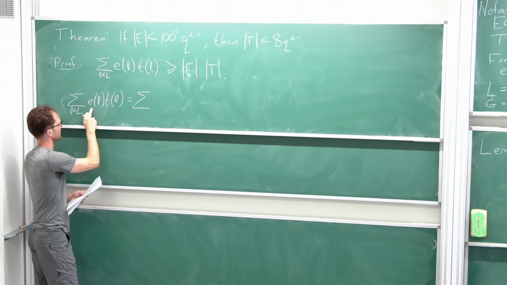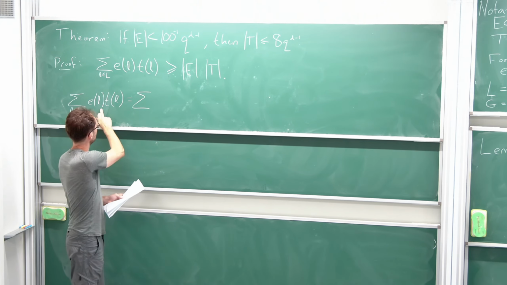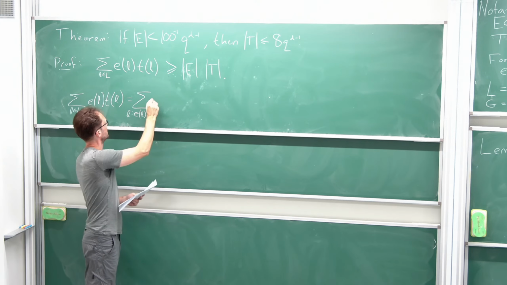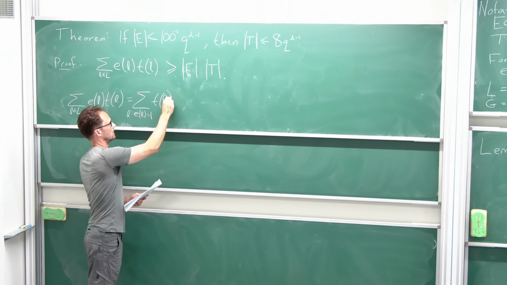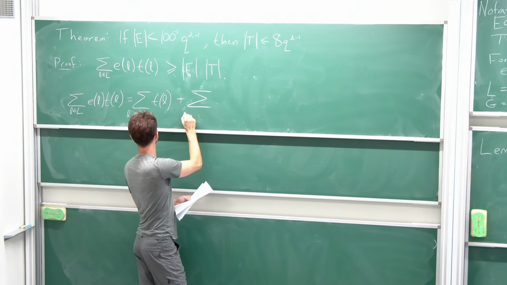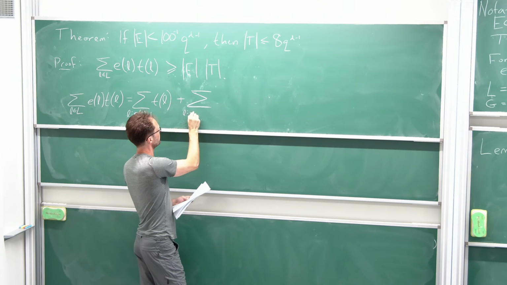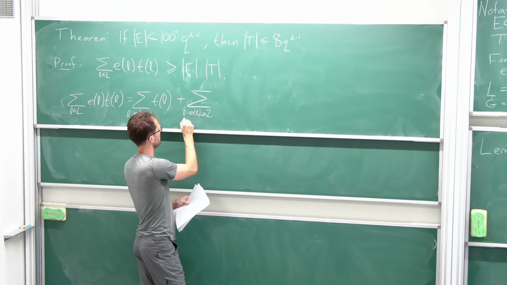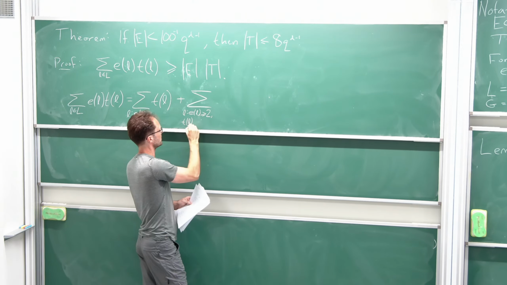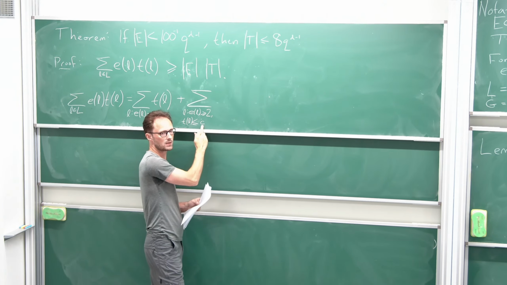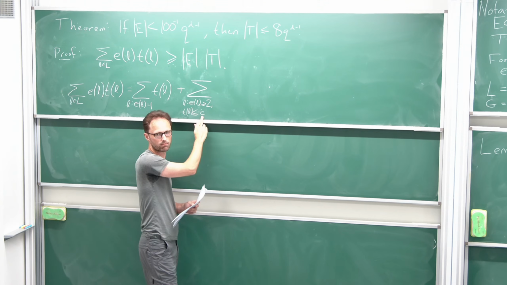First, we have lines that contain only one point of E. Next, we have lines that contain at least 2 points of E and not too many points of T. Not too many here means I'm just going to use some constant C. This C is going to be greater than 1, and I'll choose it later.